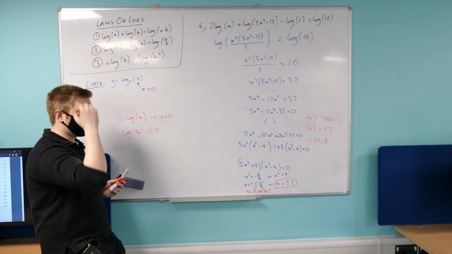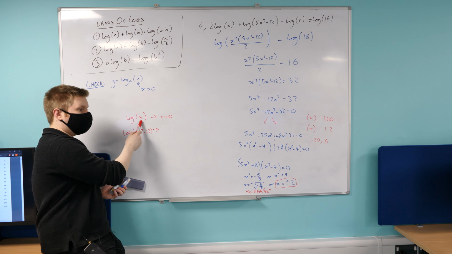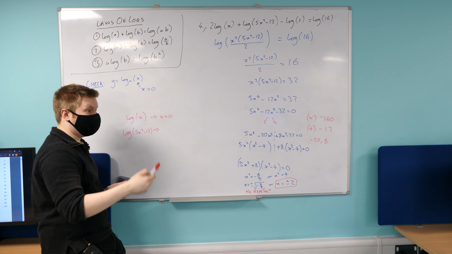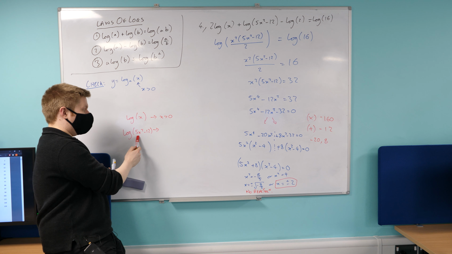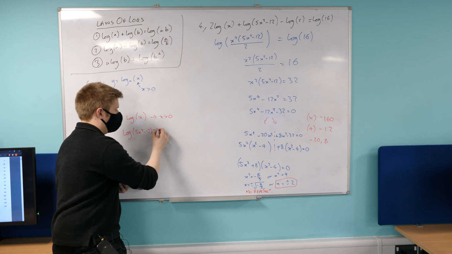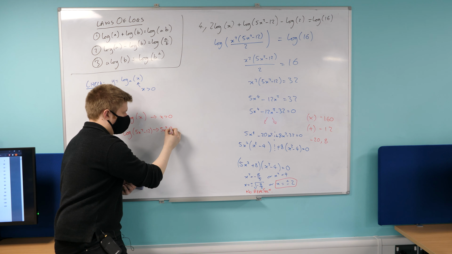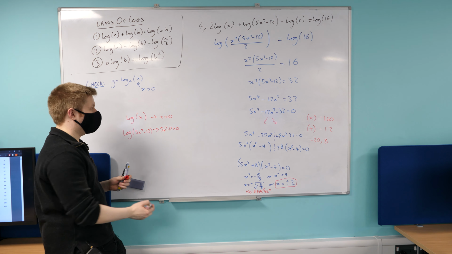Are you happy that when you check your logarithm, the thing that you're putting into your logarithm, in other words, the thing inside the brackets, has got to be positive, right? So in this case, x has got to be positive. In this case, the 5x squared minus 12 has got to be positive. The thing which you're always putting in the logarithm has always got to be positive, okay?